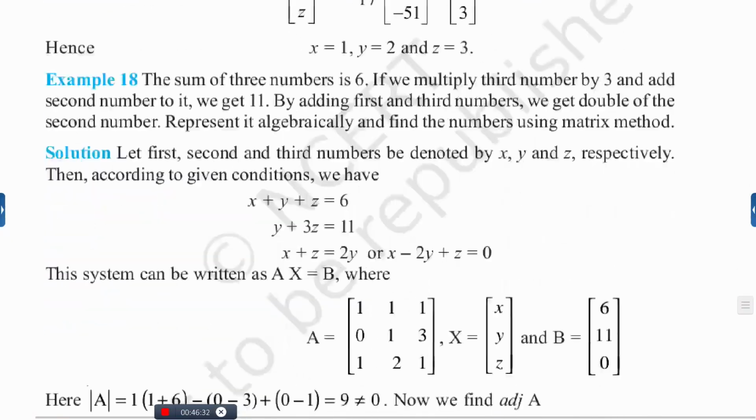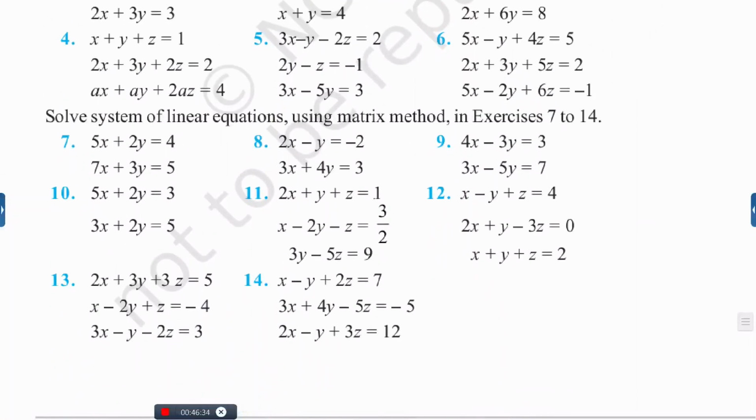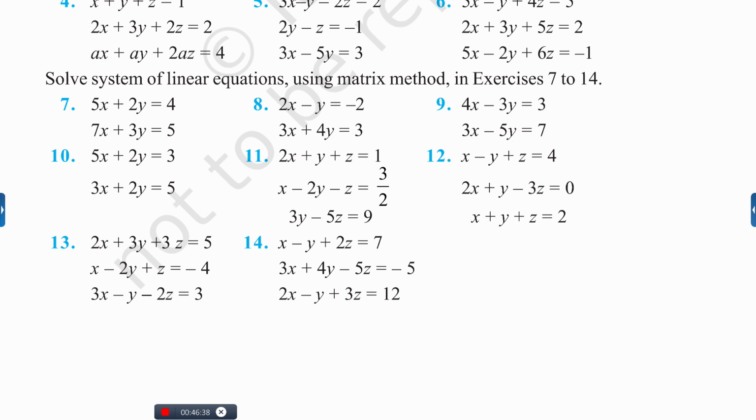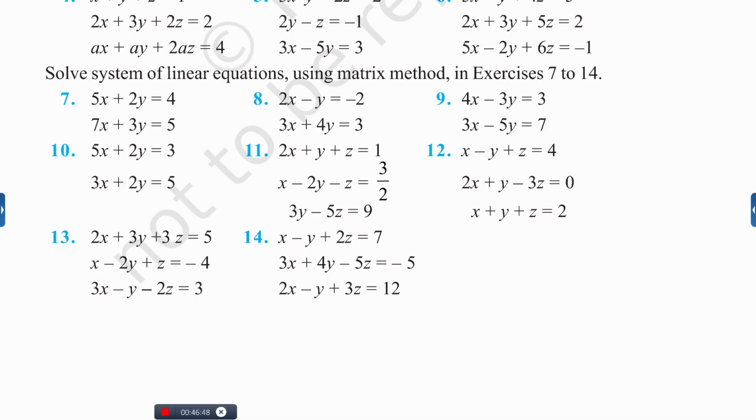You can note down, from 10 to 14 we have the same. What questions are you going to take for homework? I'm asking you people.